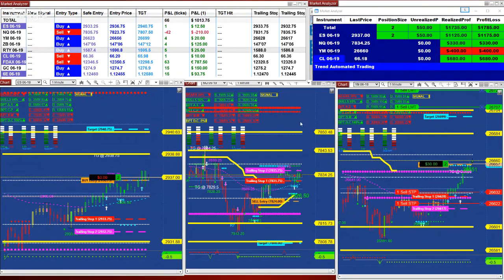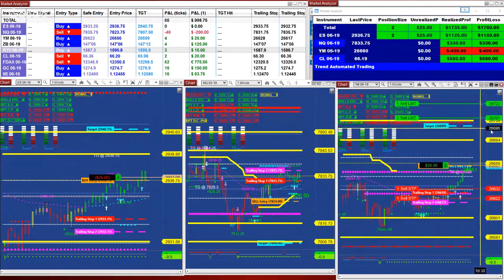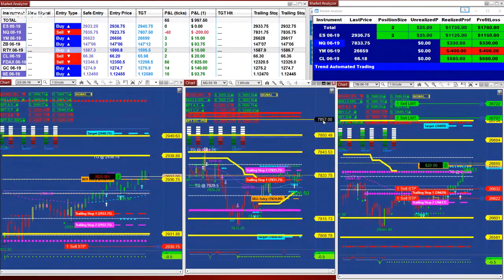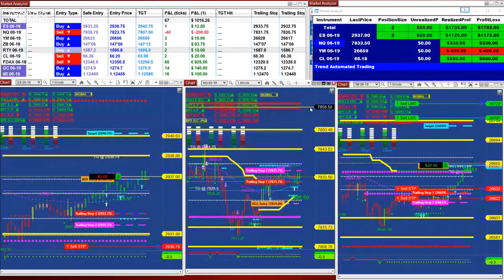Also, if you notice on the scalping, it is taking a long trade as well. We're waiting on the Nasdaq.